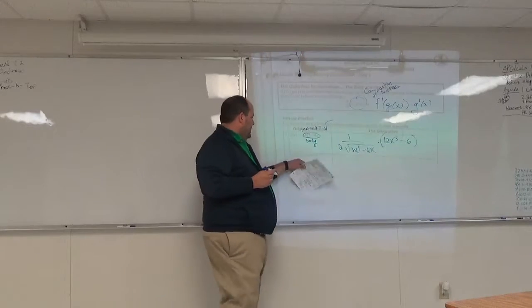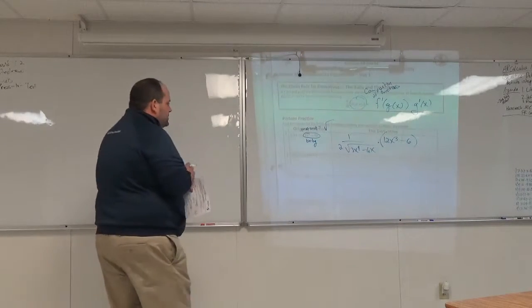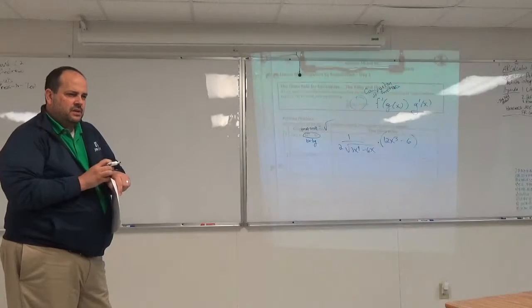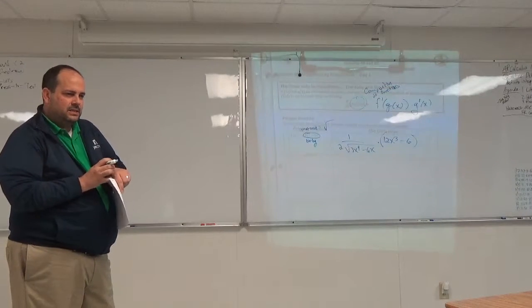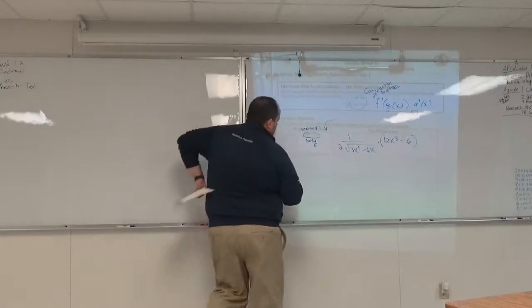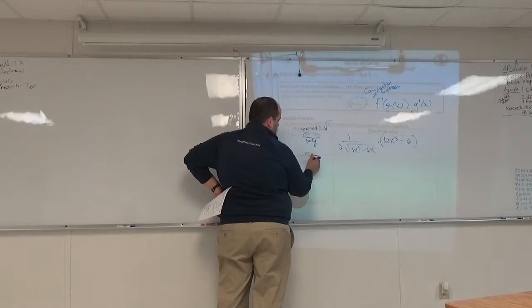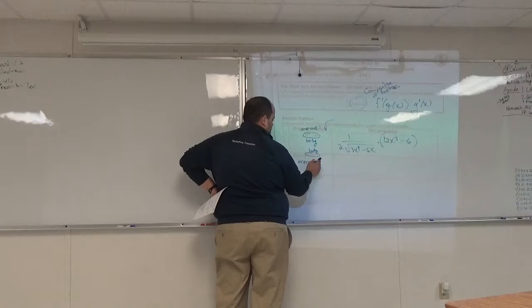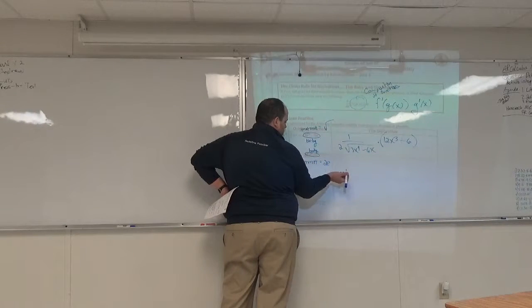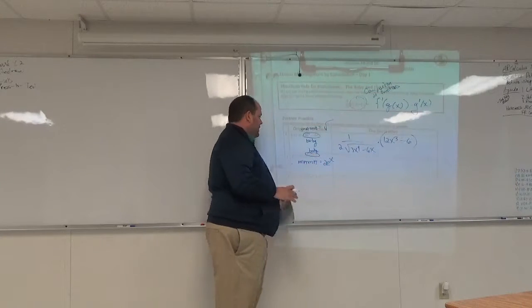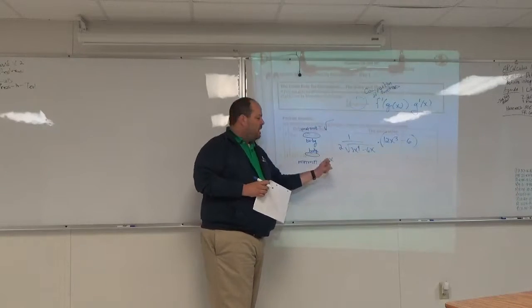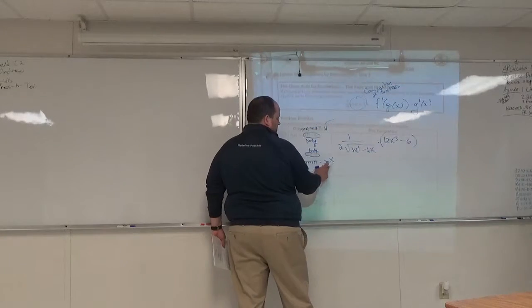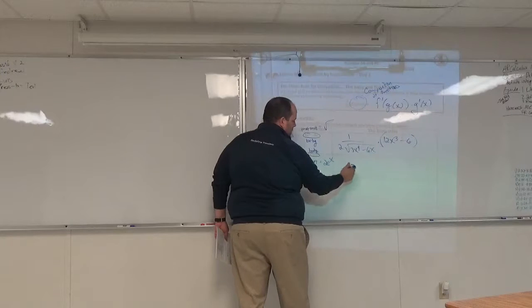All right, Giselle, when you look at the second one, do you see this as a composition of functions? Is there a baby and a mama? Where's the baby? Okay, so there's the baby, and what's the mama function? 2e to the x power, right? Because it has to be a function. So if we take the derivative here, what's the derivative, Giselle, of 2e to the x?